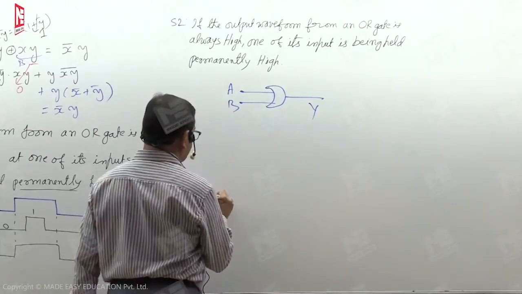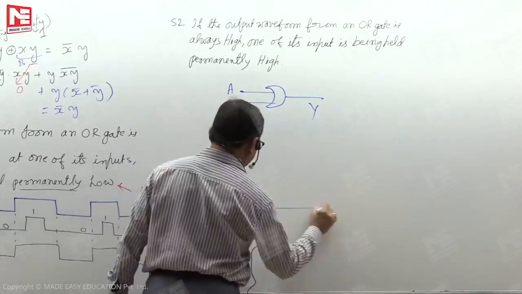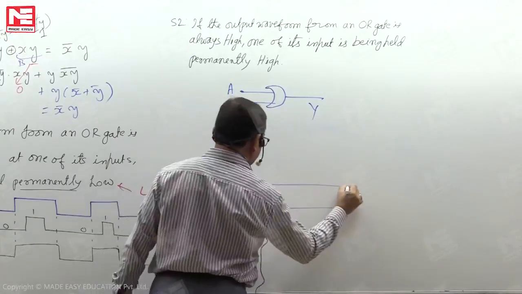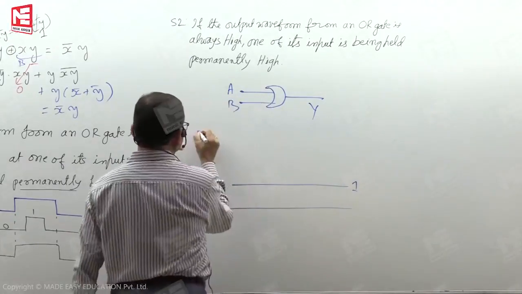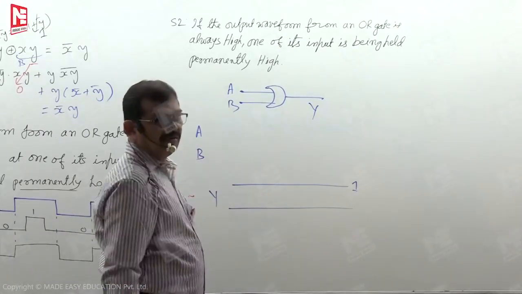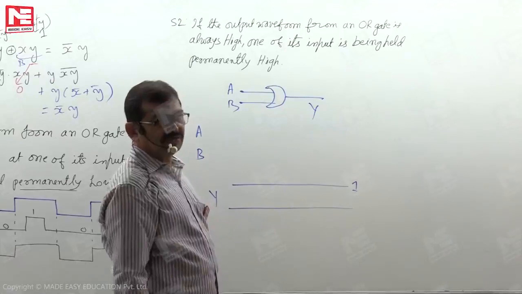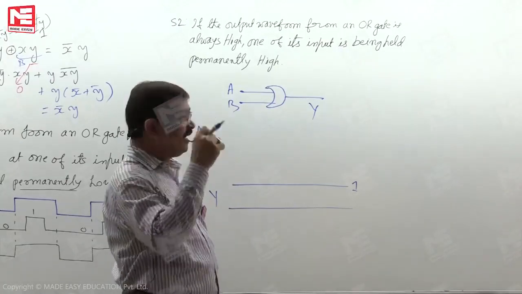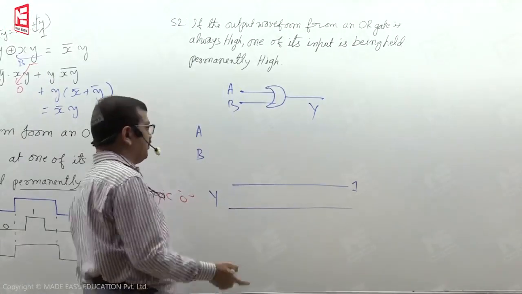Suppose I am having Y as something like this, permanently high. Now he is mentioning one of its inputs must be permanently high. In other words, if at all one input is permanently high, then only we are having the output high. That is the statement he wants to make.